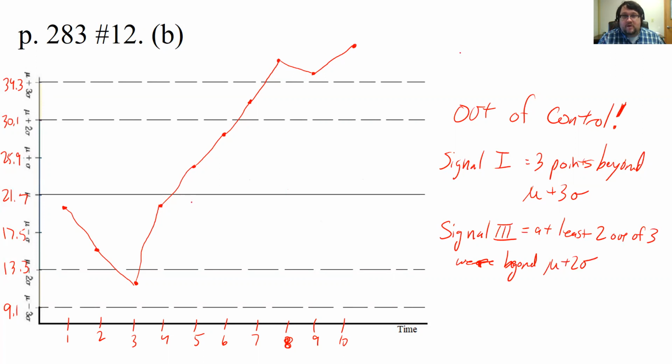In fact, we had 4 out of 4, right? So this is beyond 2 standard deviations, this is beyond 2 standard deviations. So we had 4 points beyond. So yeah, probably need some extra help.